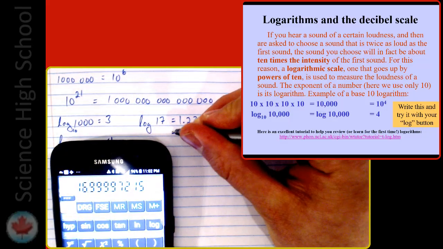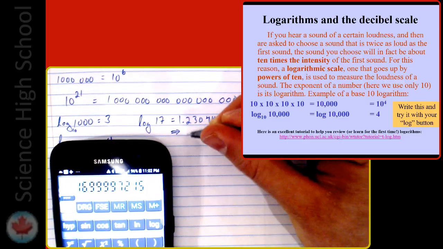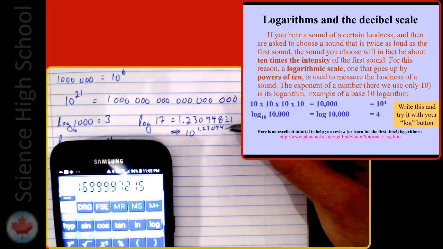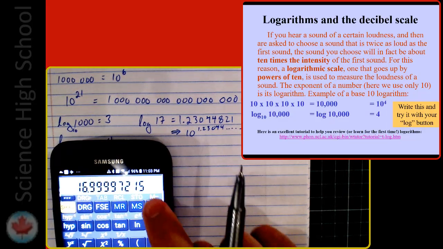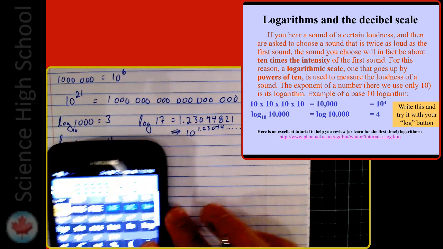In fact, I would say that 10 to the power of 1.23044 is pretty much equal to 17. And the only reason it's not exactly equal is because I rounded it off. I should have kept on going, but I don't have infinite decimal places on my calculator. That's pretty impressive.